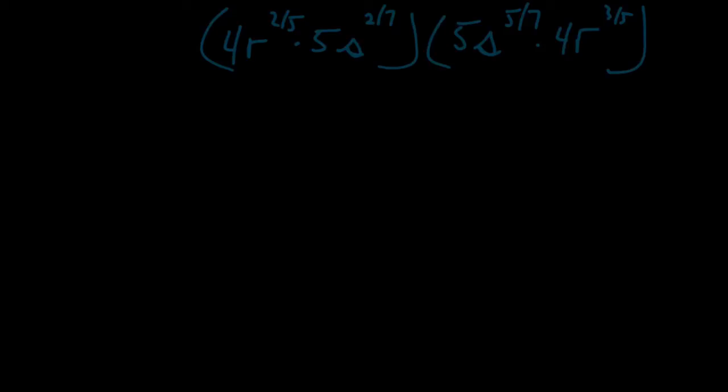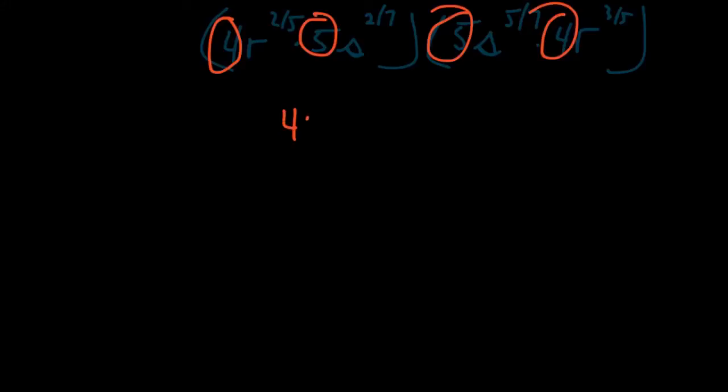Same thing here. Multiplying coefficients, we have 4 times 5 times 5 times 4, and multiplying those together is 400. And then it's r raised to the 2/5 plus 3/5. 2/5 plus 3/5 is 5/5, which is 1.